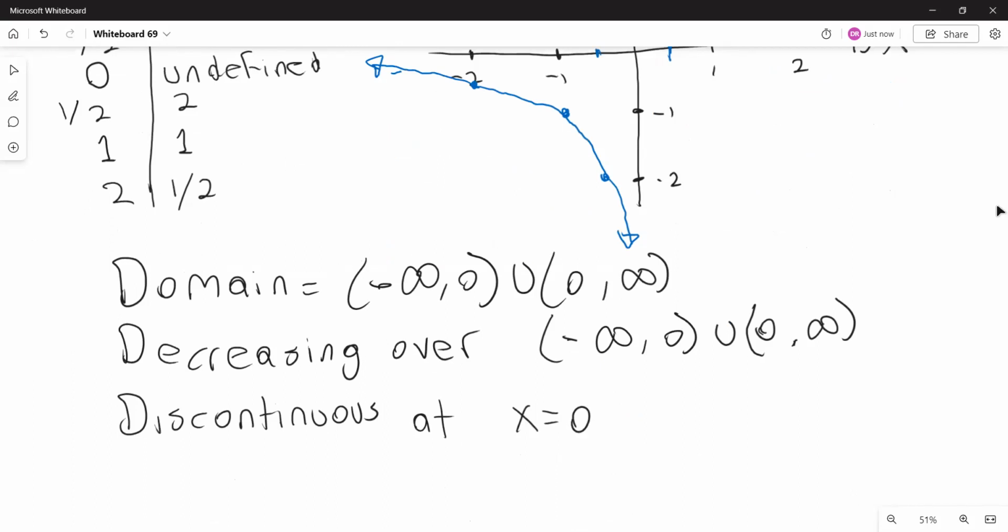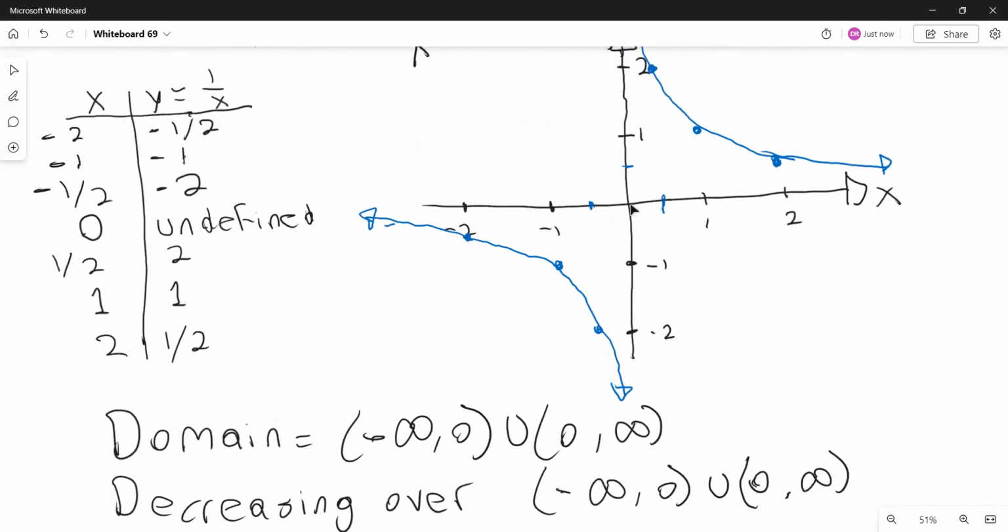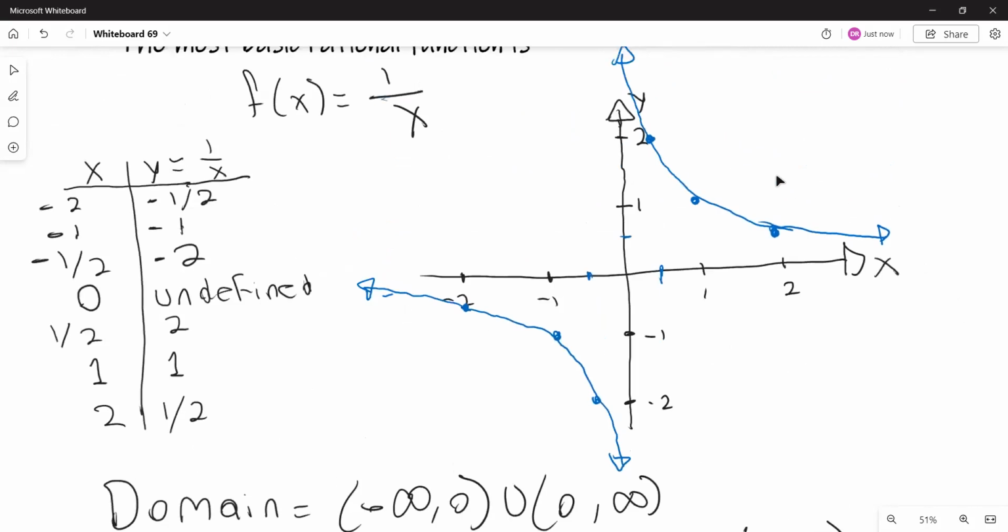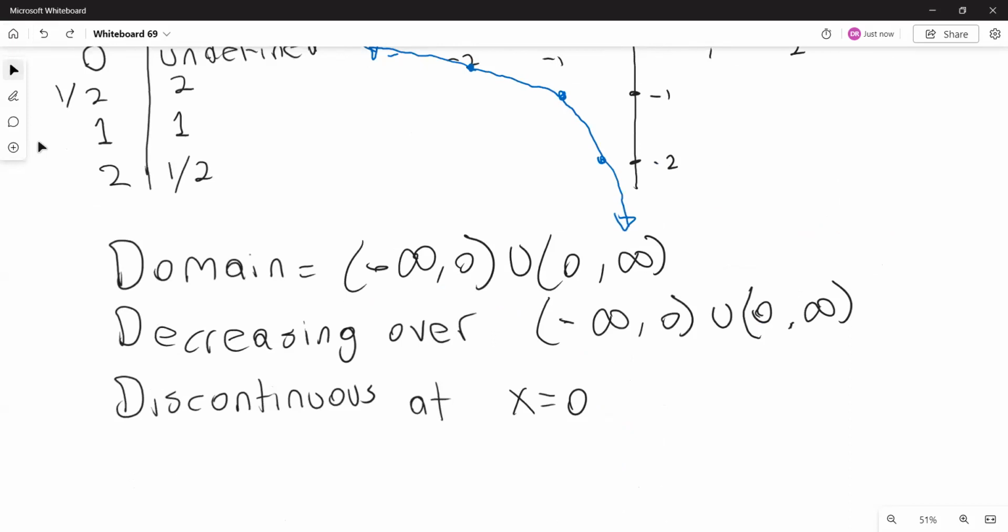And the range is going to be everything but 0. So any y value is an output of this function except 0. You don't have a value of x for which 1/x is equal to 0. So the range is all real numbers except 0.